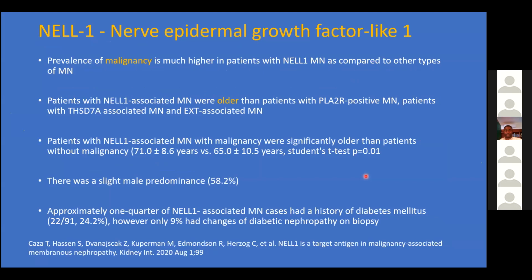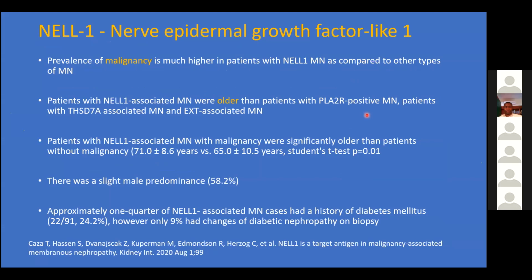Regarding NELL1 related membranous nephropathy, the prevalence of malignancy is much higher in patients with NELL1 membranous nephropathy as compared to other types of glomerular nephritis, and this type usually occurs at a relatively older age when compared to PLA2R positive membranous nephropathy and thrombospondin and exostosin membranous nephropathy.